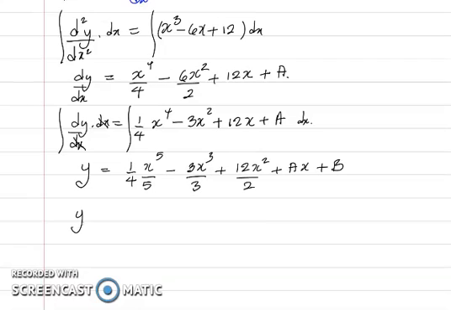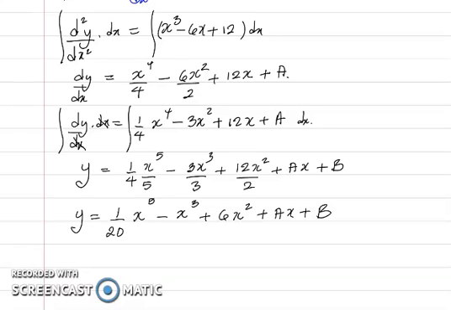So we're going to get y is equal to 1/20 x to the fifth power minus x cubed plus 6x squared plus ax plus b. This would be the general solution, or the general equation of the curve.